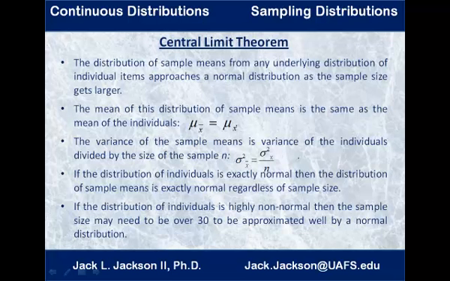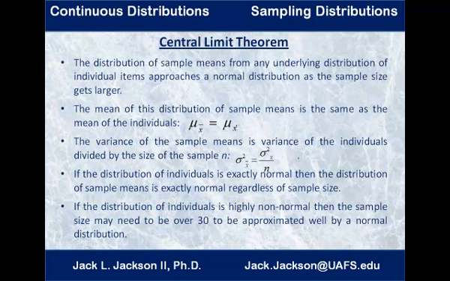Now the central limit theorem basically says what we've just discovered, that it's not just about rolling dice, but in general, for any underlying distribution of individual items, the distribution of sample means approaches a normal distribution as the sample size gets larger. So the larger and larger the sample size we have, the closer and closer that distribution of sample means is to a normal distribution.